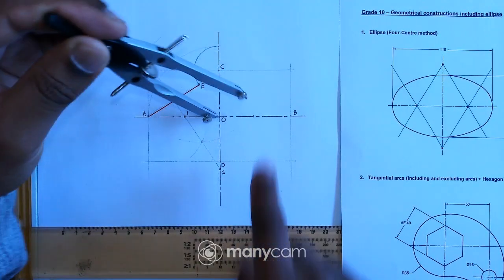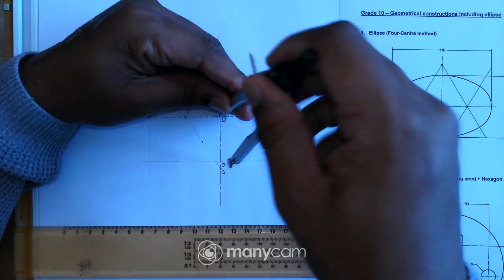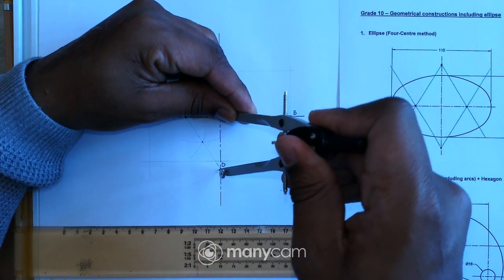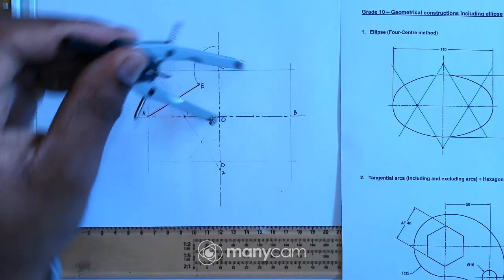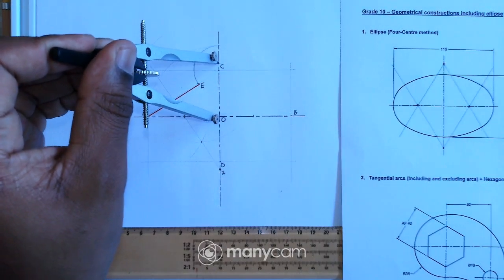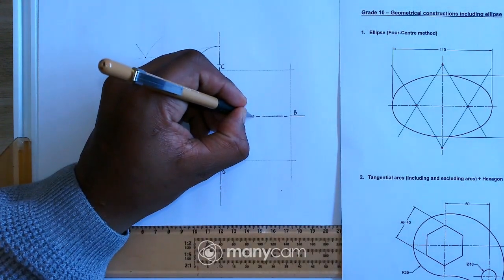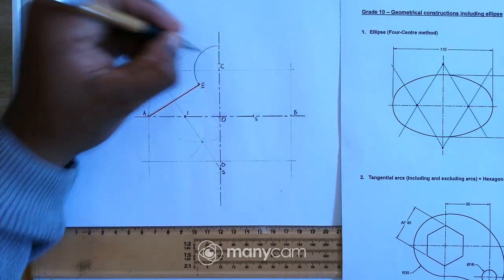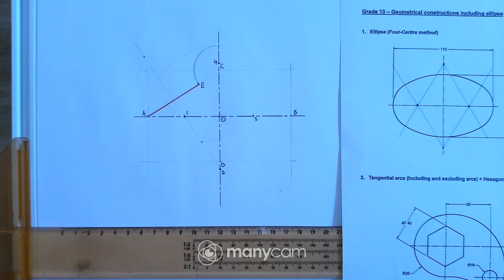So I have a point there, I can mark there, and also I'll open my compass to point 2 down there. So this point will be projected to this center line up there. So that means I have point number 3 there and point number 4, right?